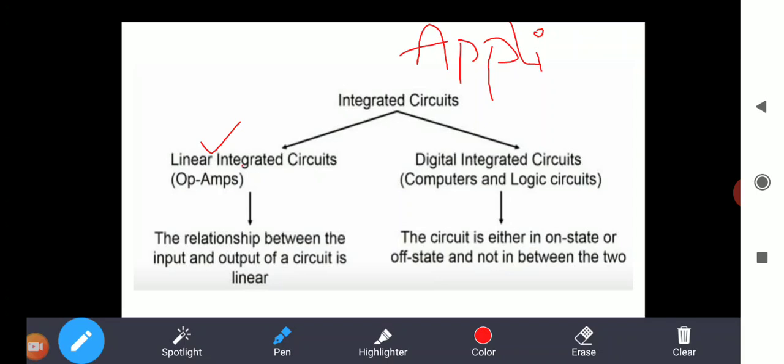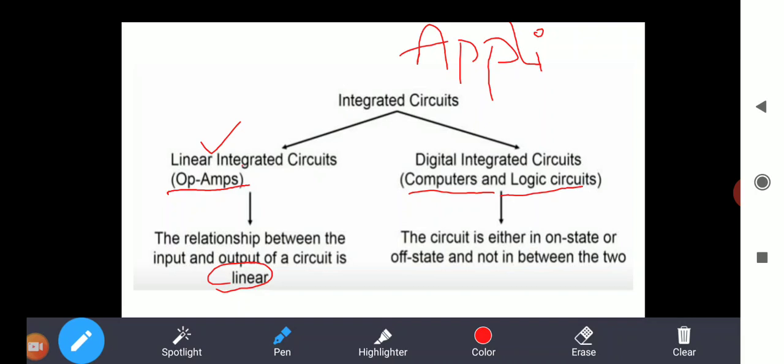Analog ICs means linear ICs. Digital ICs we generally use in computers and logic circuits. These analog ICs or linear ICs we use in op amps. Here the relationship between the input and output of the circuit is linear. That's why we call them linear ICs.